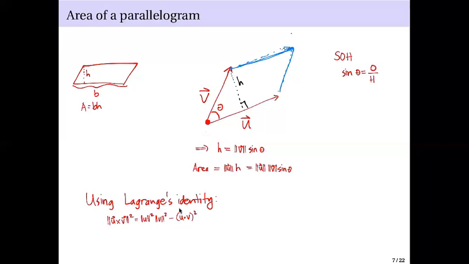Now, do you still remember what U dot V is in terms of the angle? By definition, the dot product of U and V is what? So this is now equal to the norm of U squared, norm of V squared, minus, by definition, the dot product, norm of U, and then norm of V, and then cosine theta.